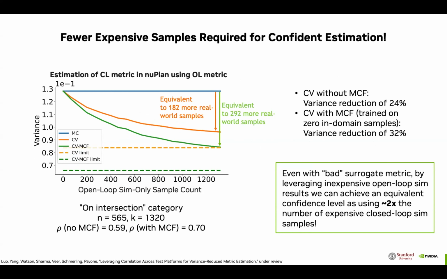And in general, by using this technique, we can get to the same level of confidence with about half of the expensive simulator samples that we would need. And this is for a surrogate metric, ADE, which is quite poor.